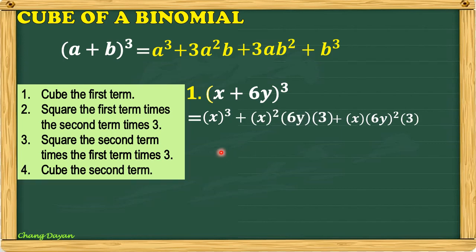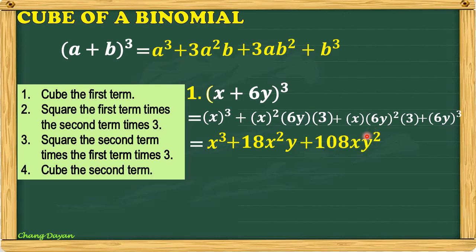Now let us simplify this one. So we have x cubed. Then multiply 6 times 3. We have 18x squared y. Then 6y times 6y, 36y squared, times 3.